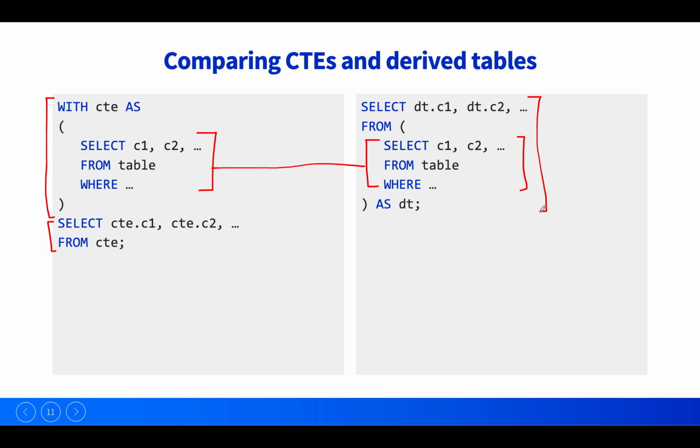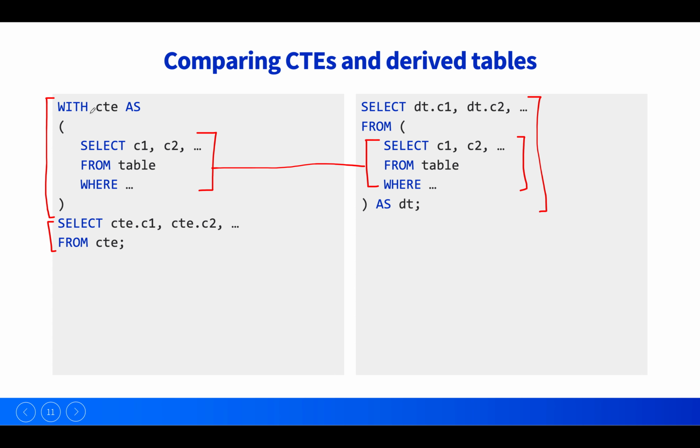So there might be some difficulties with reading SQL scripts that make use of derived tables, because you have to be able to identify which are more nested derived tables. It is possible to create very deep nests of queries by way of derived tables.